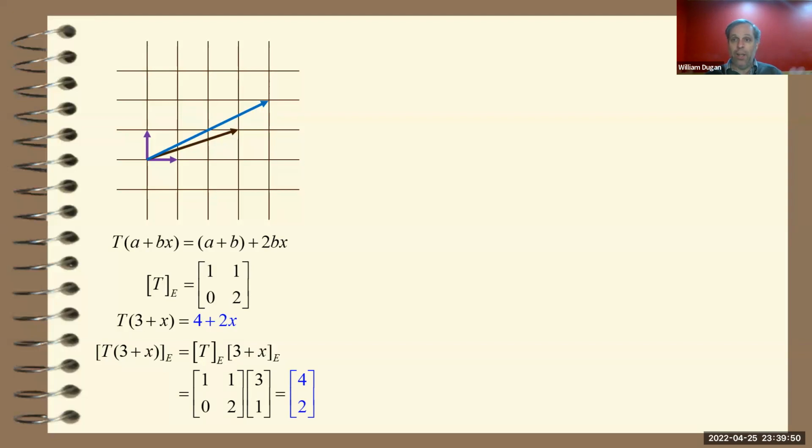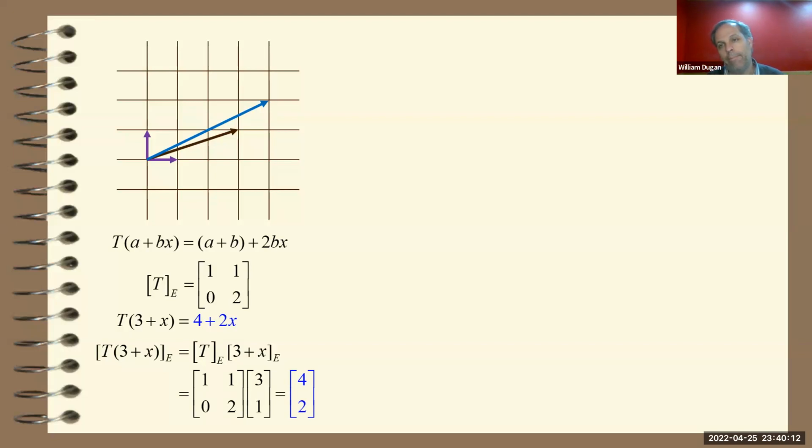So you can see up here between P1 and P1, I mapped the function 3 plus x to 4 plus 2x, but I have to bring it down to what's equivalent between R2 and R2. I have a vector 3, 1. It got mapped to the vector 4, 2.